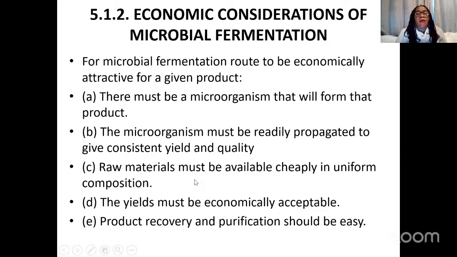For a microbial fermentation route to become economically attractive, there are certain conditions. One is that there must be a microorganism that will form the product. Two is that the microorganism must be readily propagated to give consistent yield and quality.